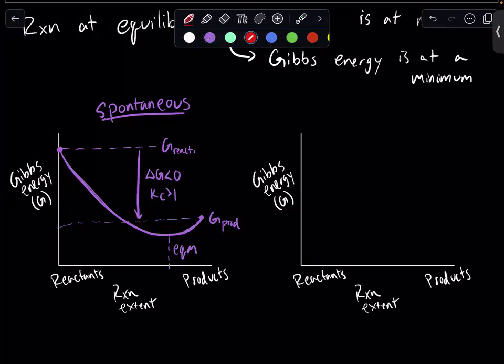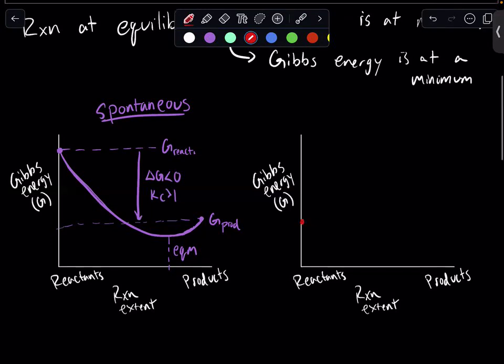Meanwhile, we can look at a different graph. This time we'll assume a non-spontaneous reaction where our products have a larger Gibbs energy than our reactants. And in this case, we see the opposite curve. We have our Gibbs energy of reactants, and we have our Gibbs energy of our products much higher.